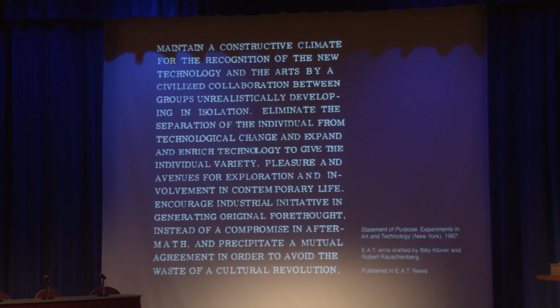It was interesting to hear John talk, in his opening remarks, about the idea of technology that becomes more and more embedded into all aspects of life. And already in the 1960s, in this statement of purpose from EAT, we can read in the middle of this document the quote, "To eliminate the separation of the individual from technological change and expand and enrich technology to give the individual variety, pleasure, and avenues for exploration and involvement in contemporary life."